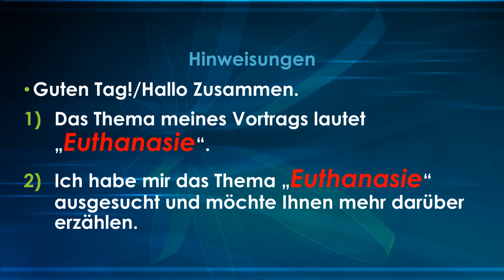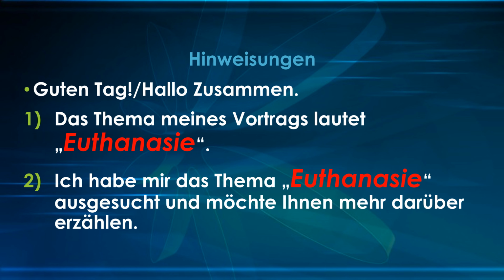Just know that with the B2, there's something they expect of you as compared to the B1. So again, you can start with "Ich habe mir das Thema heute Nazi ausgesucht und möchte Ihnen mehr darüber erzählen." Also, "heute Nazi" can be changed to any topic that you are provided with.